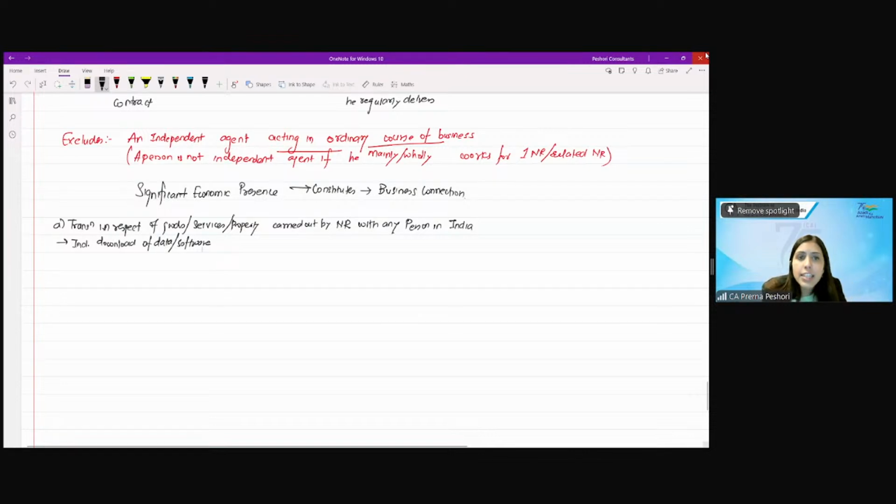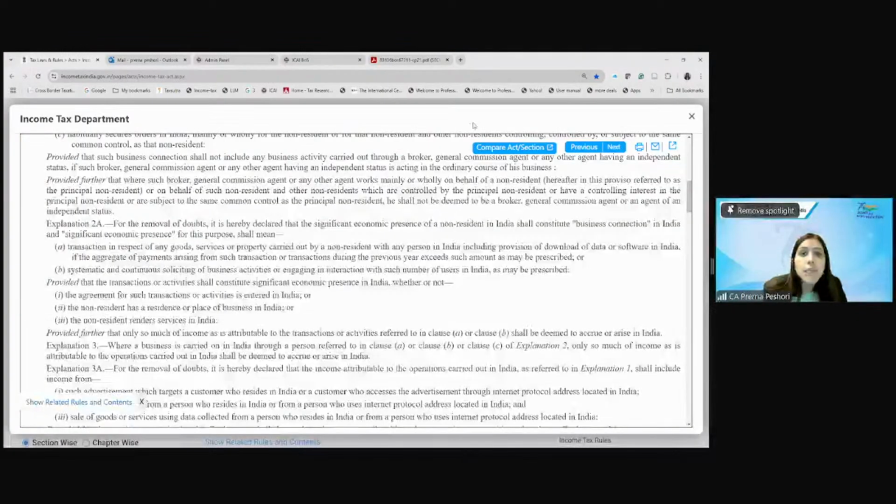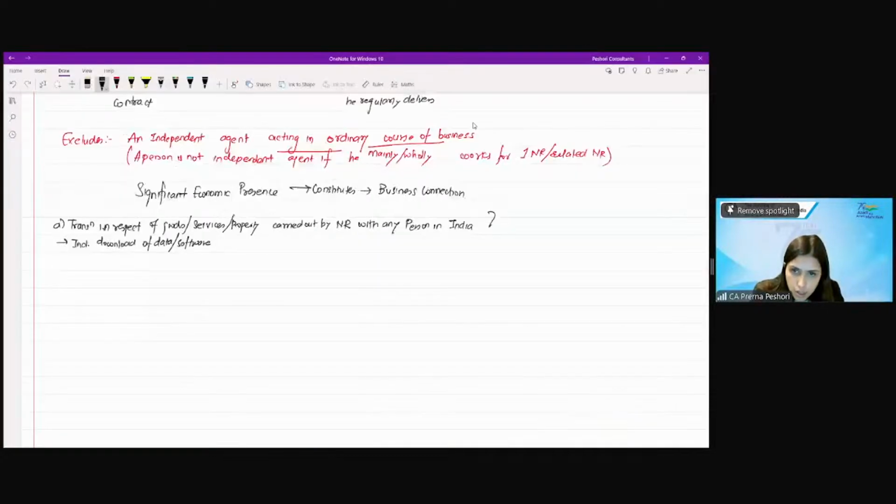For this, there is a threshold given, because if you look at it, it says if the aggregate of the payments arising from these transactions during the previous year exceeds such amount as may be prescribed. The prescribed amount is 2 crores.